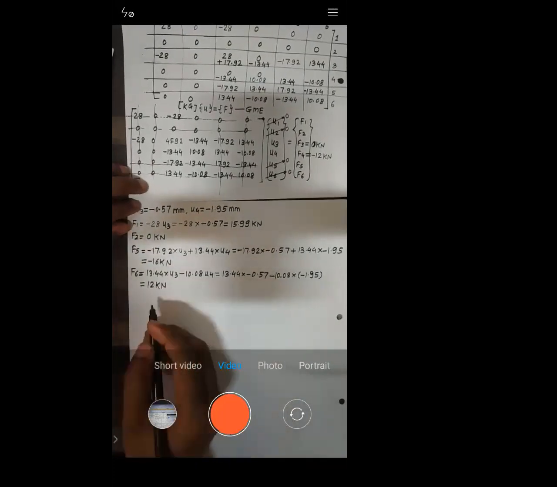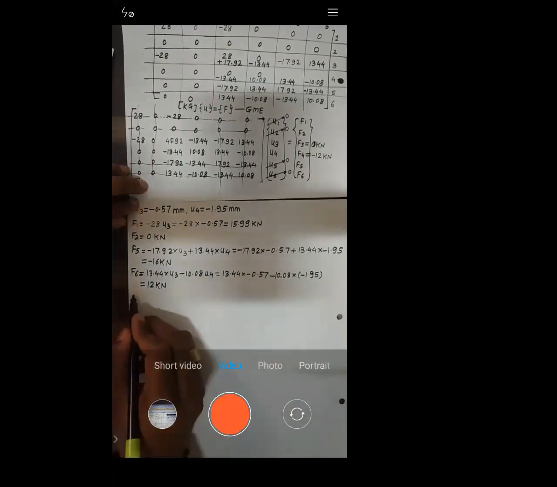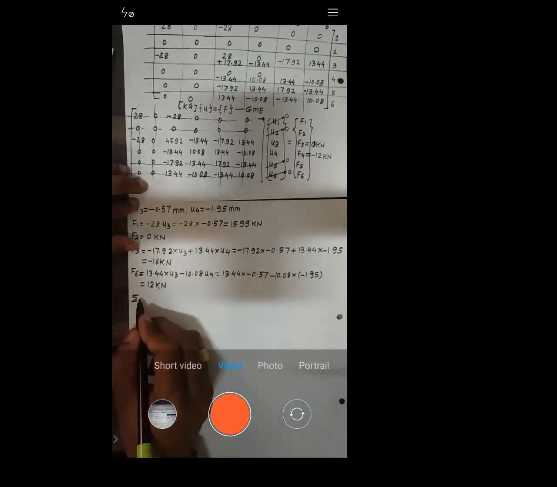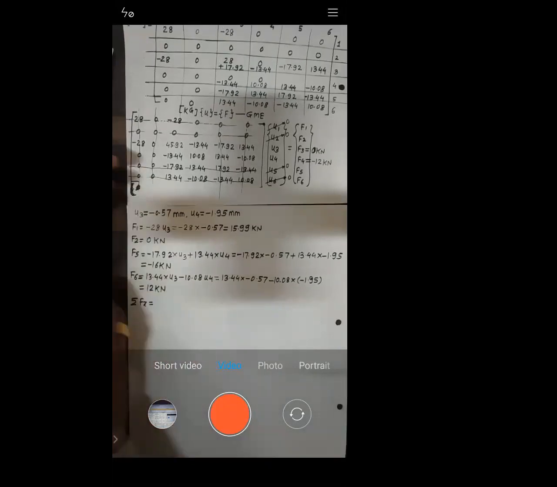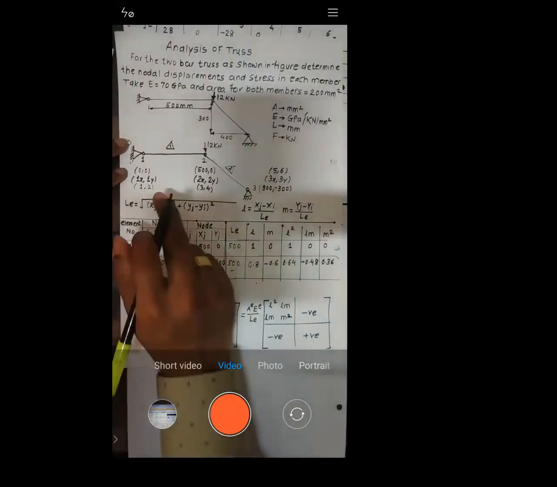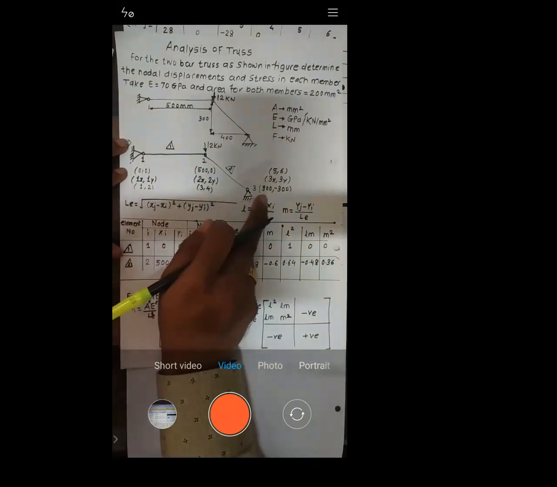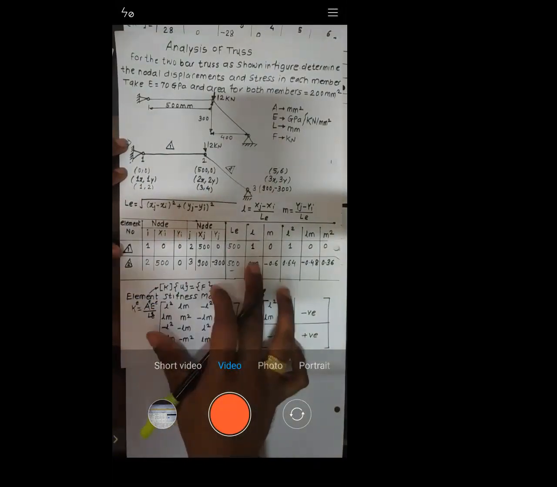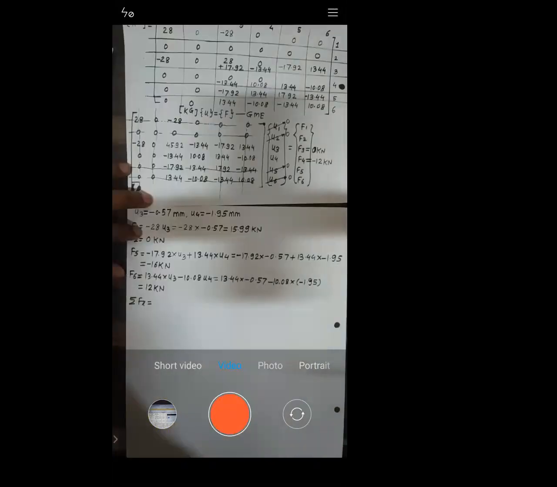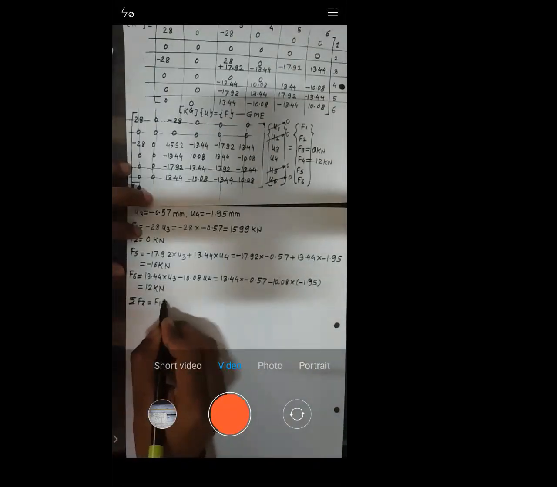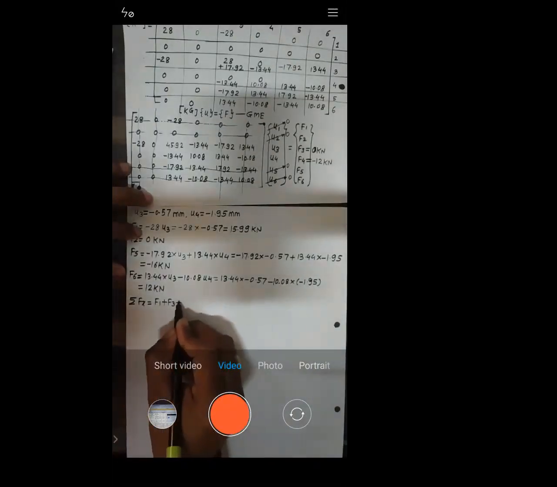Right? Now just take the summation of, that is condition of equilibrium. Take the summation of Fx, force in X. If you see this diagram, which are the forces in X? They are related with 1, 3 and 5. So I need to write down F1 plus F3 plus F5.